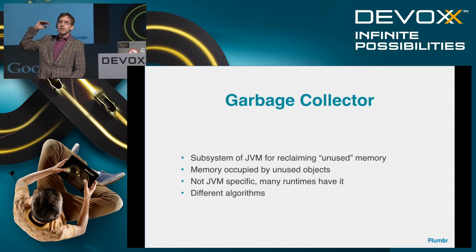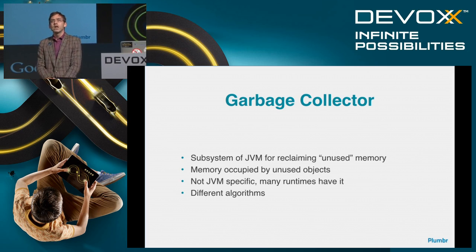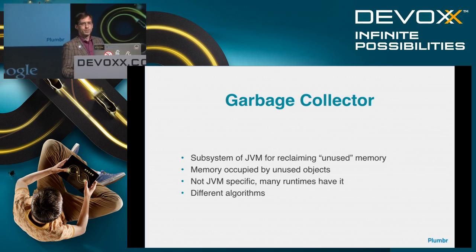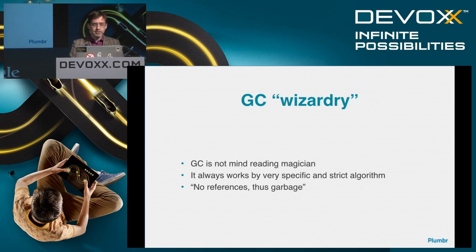From a 10,000 meters perspective, every garbage collector algorithm on the JVM does one and the same job. And that job is very strict and specific. The garbage collector tries to find objects which are not referenced anymore by other objects and throw them away.